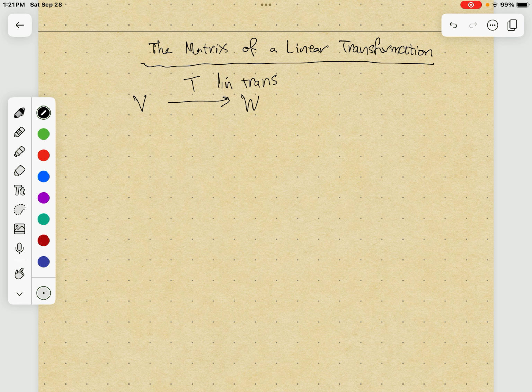So let's say V is some vector space of dimension n, and W is some vector space of dimension m.